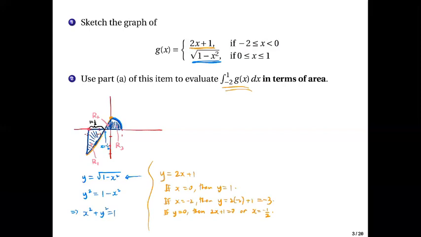And then here you have negative 2 until negative 1, that's 1 unit. So the base for this triangle is 3 halves. For the height of this triangle, we said earlier this is negative 3, so the height is 3.